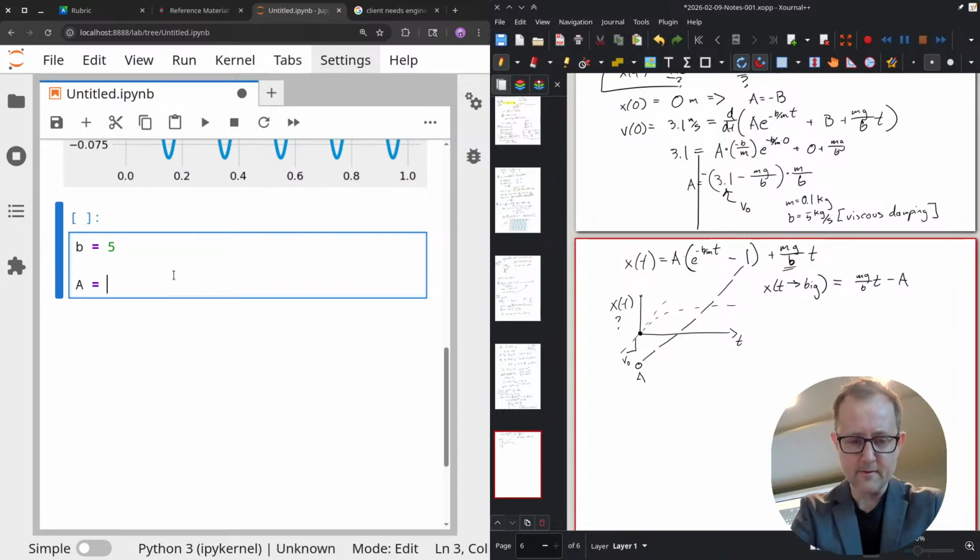And what is this? 3.1 minus m times g over b, and m over b times that.